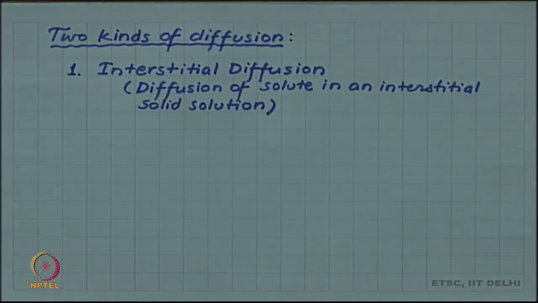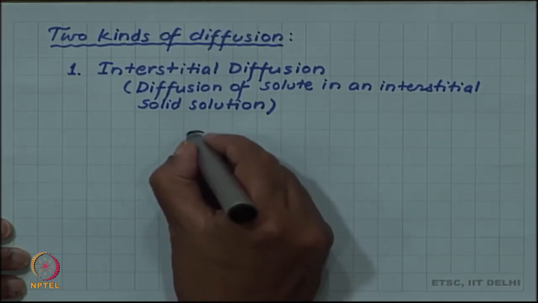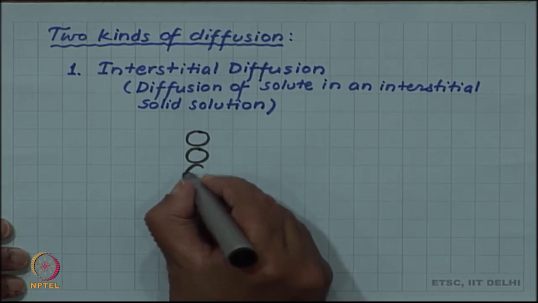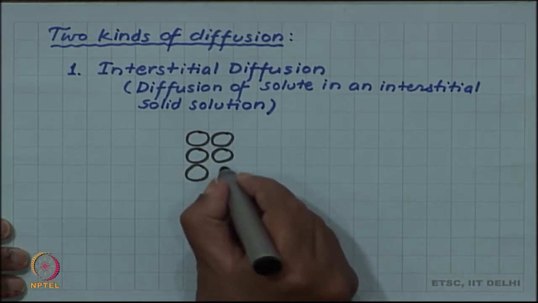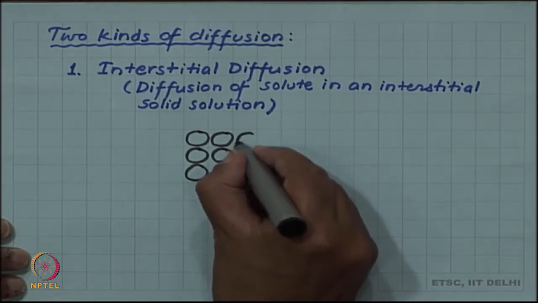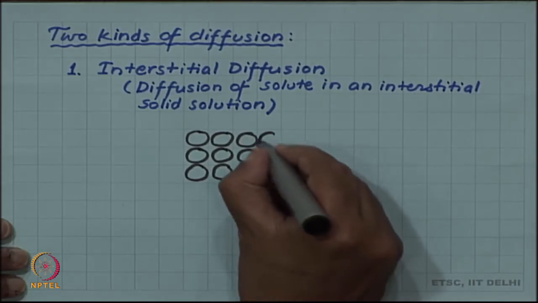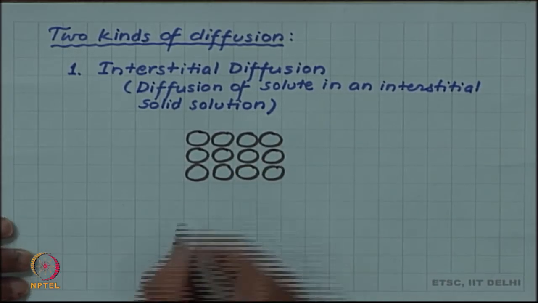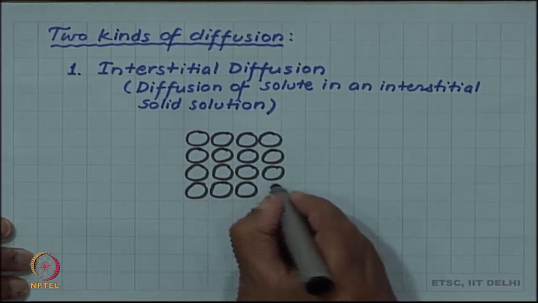So, recall, let me create an interstitial solid solution. So, we have atoms forming a crystal. These black atoms, by black atoms I am representing the host crystal, which is forming some crystal structure.